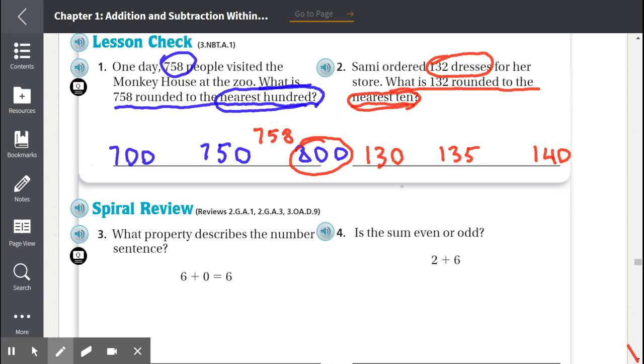Now, 132, let's locate it and label it on the number line. So 132 would be right around here. So that means 132 is closest to 130. So 132 rounded to the nearest 10 is 130.